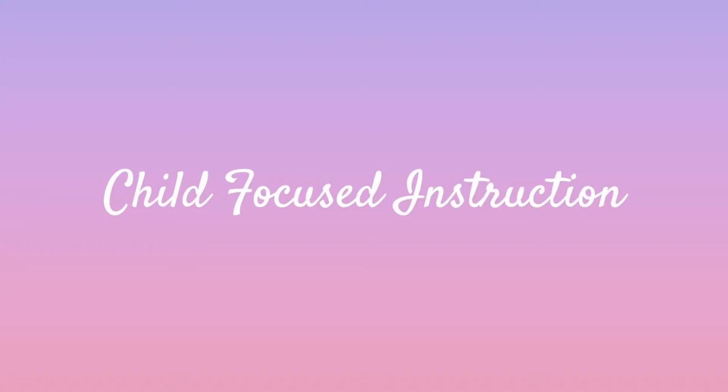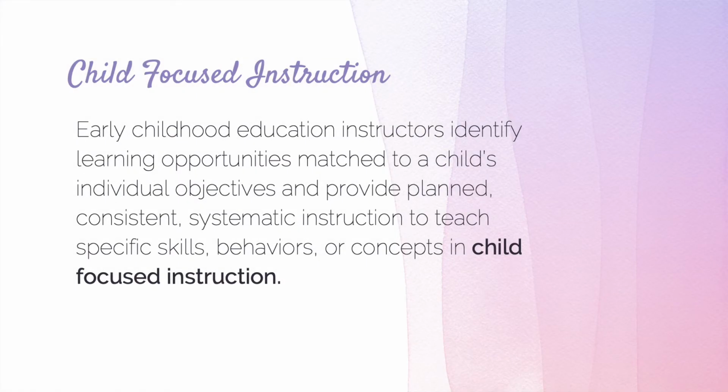The next thing we are going to discuss are child-focused instructional strategies. Child-focused instruction has to do with early childhood education instructors identifying learning opportunities that are matched to a child's individual objectives. It also provides planned, consistent, systematic instruction for teachers to teach specific skills, behaviors, or concepts.